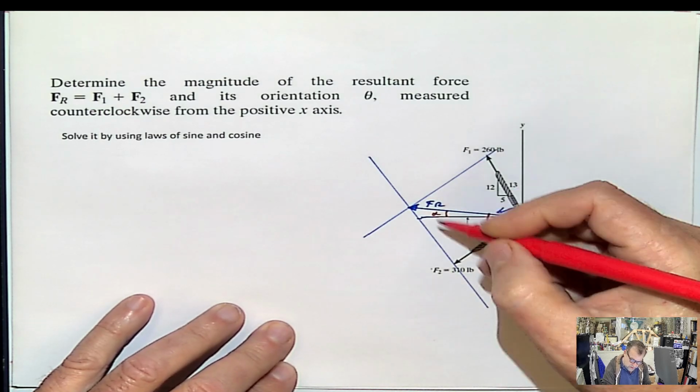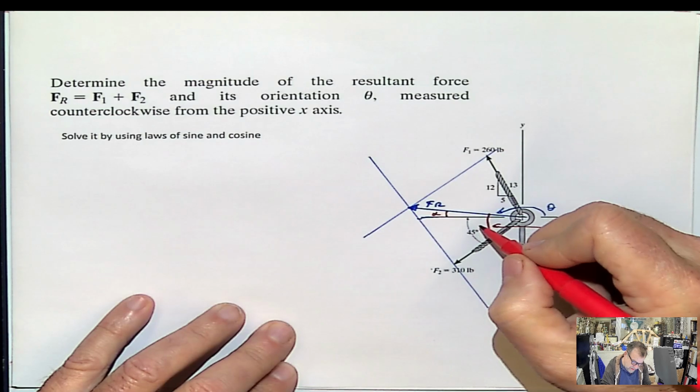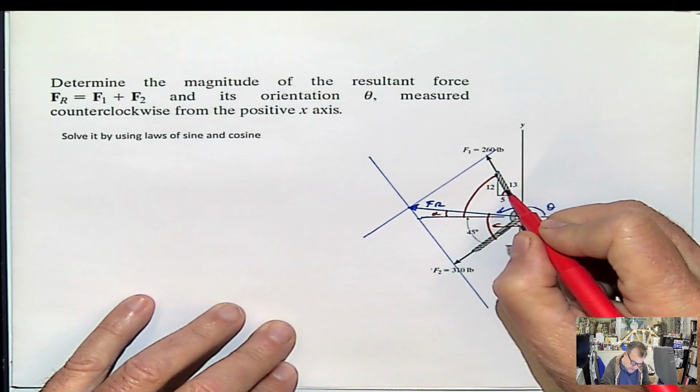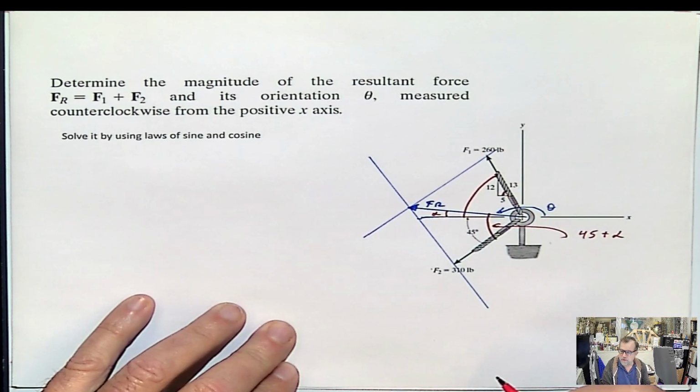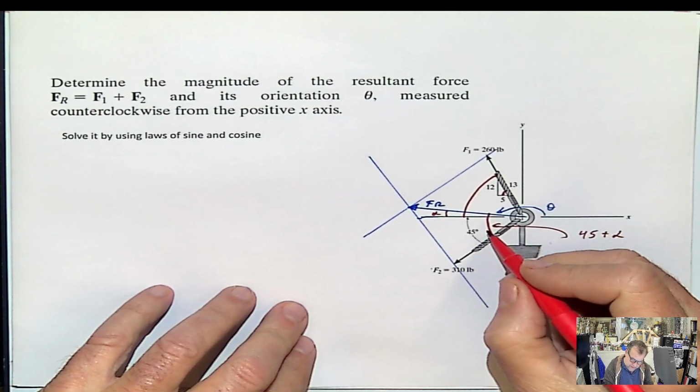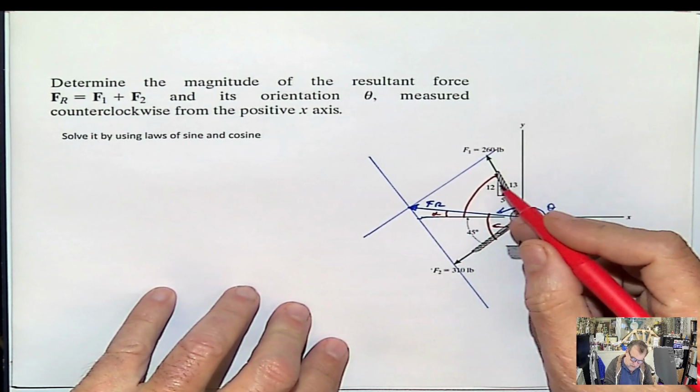Now on the other side, I can calculate this angle, which is the same as this one here. That's why you have that triangle over there. And then I can calculate that complete angle.